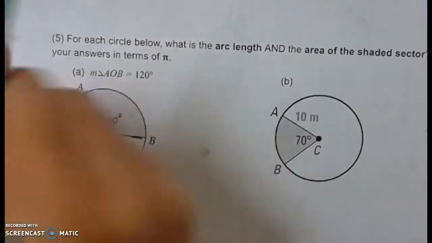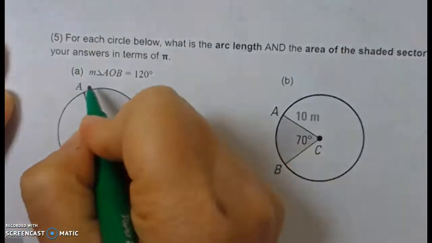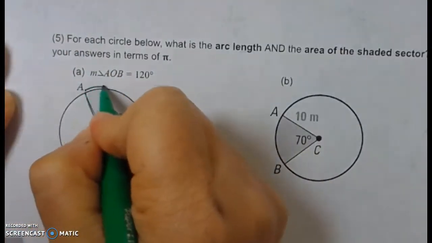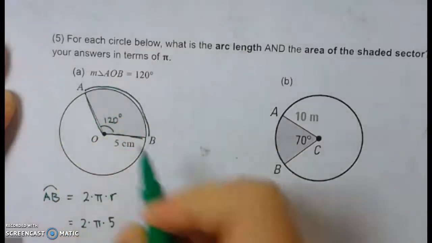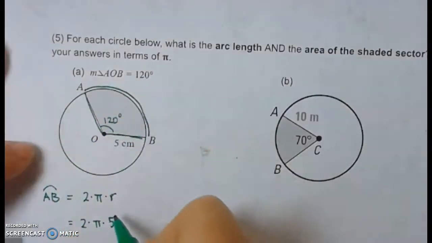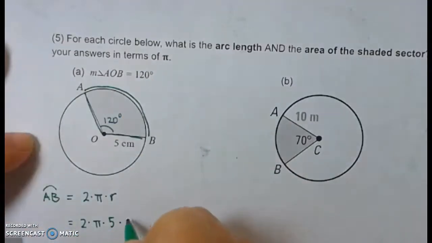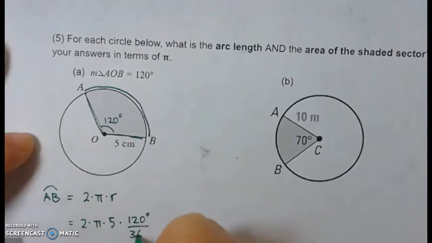But we are dealing with just a section, right? We're just dealing with this section here. So this section is going to be a portion of the full circle, and we're dealing with 120 degrees out of a possible 360 degrees, or 1/3.